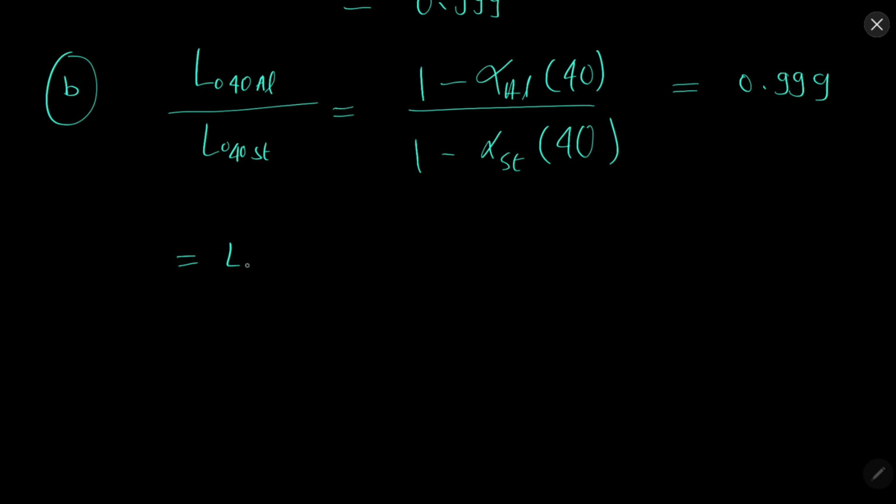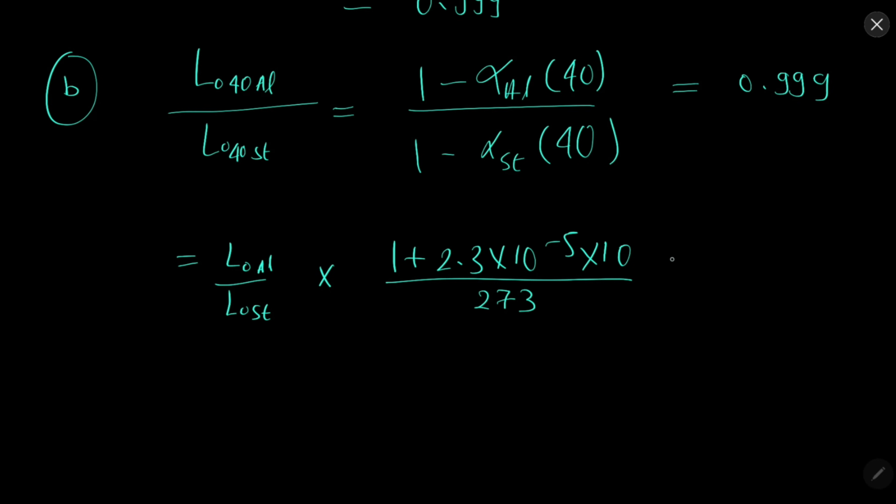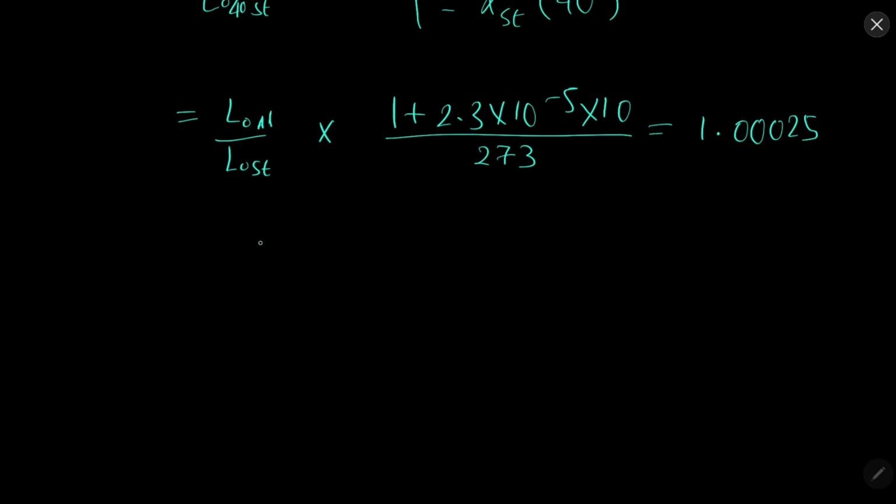So L, length of aluminum over steel into 1 plus 0.3 into 10 to the power minus 5 into 10 over 273. It will give us around 1.00025.